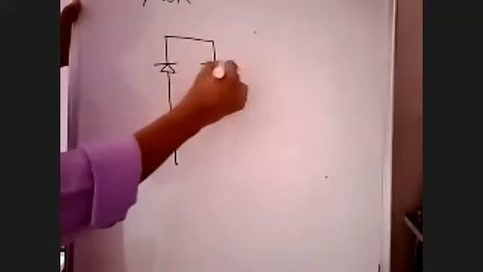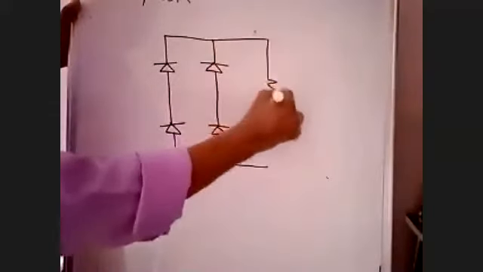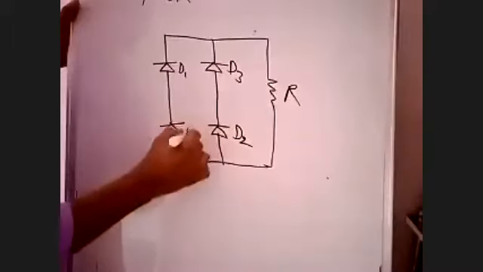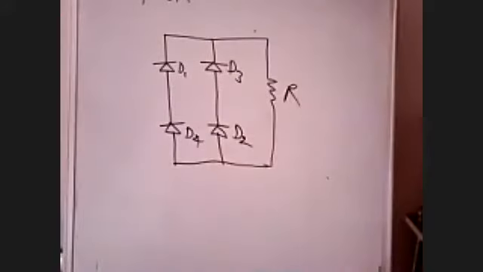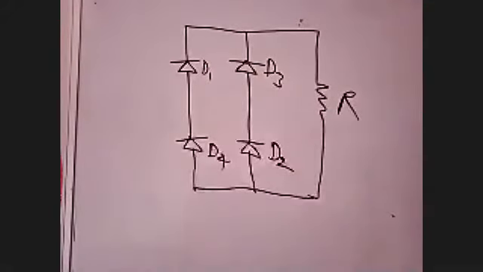Draw the circuit. We are having 4 diodes, D1, D2, D3, D4.